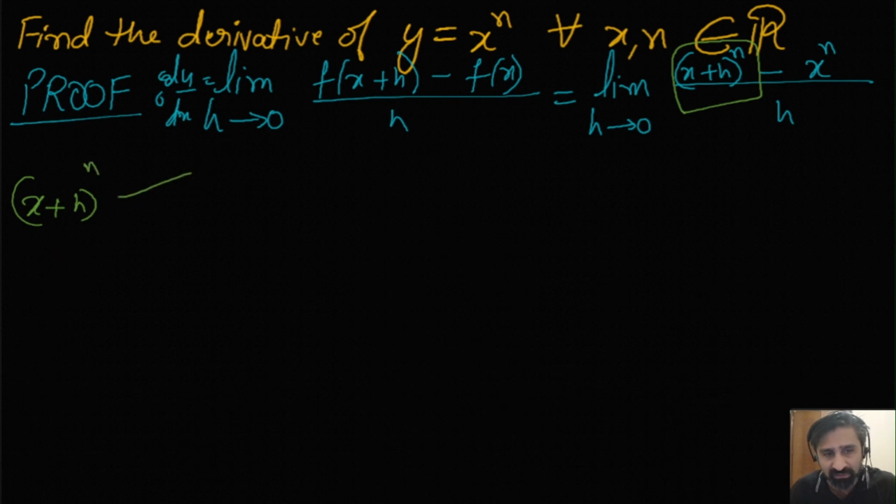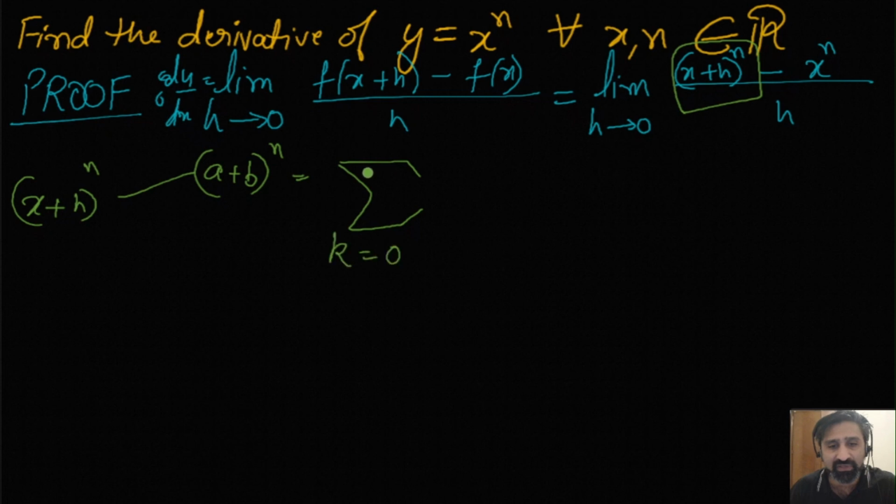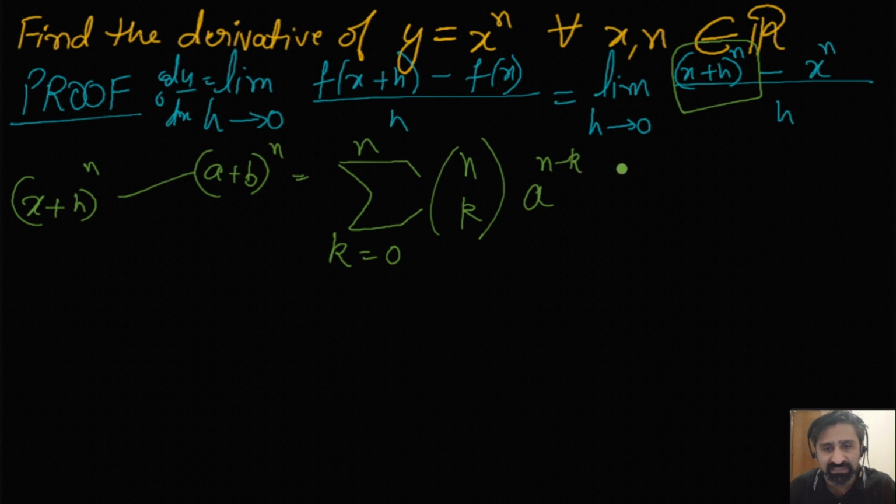Always remember, you have the binomial expression a plus b to the power of n, and it is the summation k from 0 to n, n choose k, a to the power n minus k and b to the power of k. That's your binomial expansion.